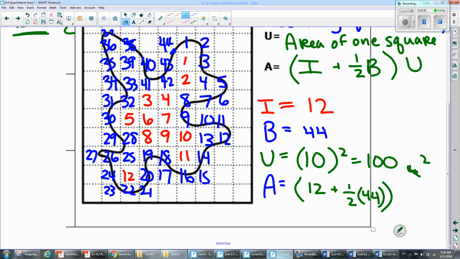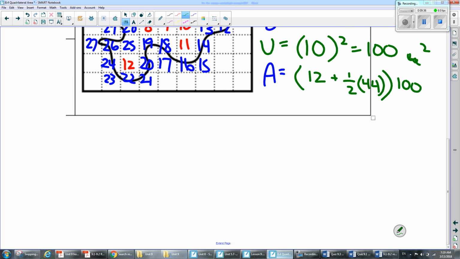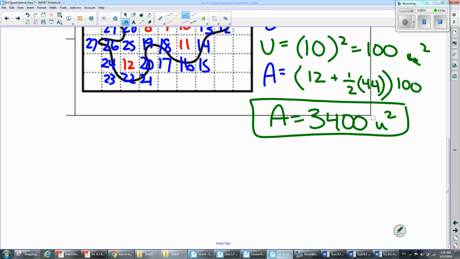That gives me total squares on the inside, and I need to multiply that by 100 since each square had 100 square units. All right, when we add that up, we end up with 3,400 units squared on the inside of that crazy looking shape.